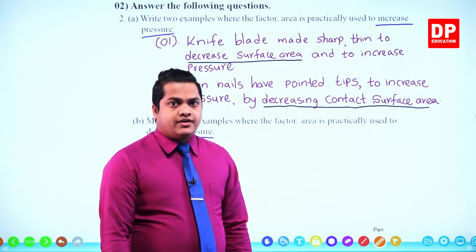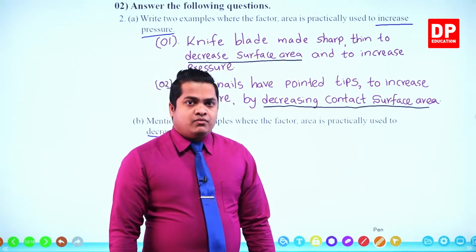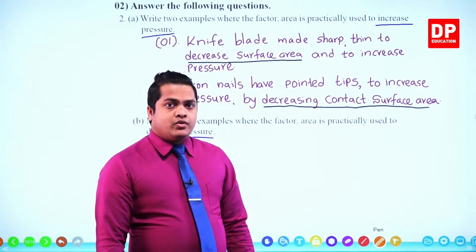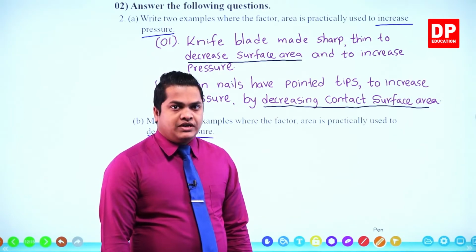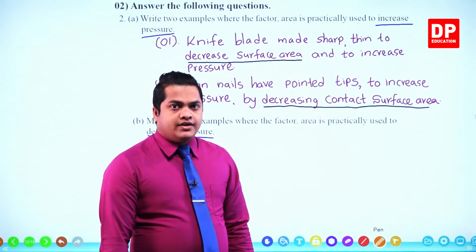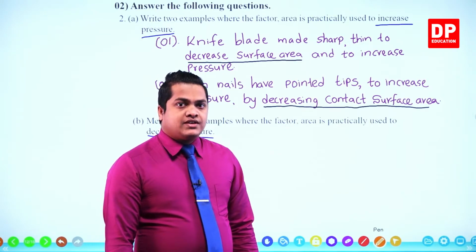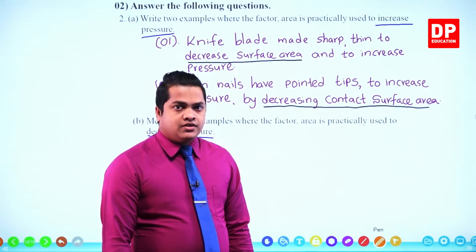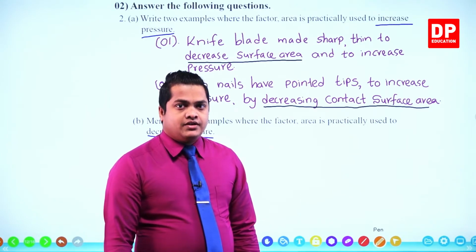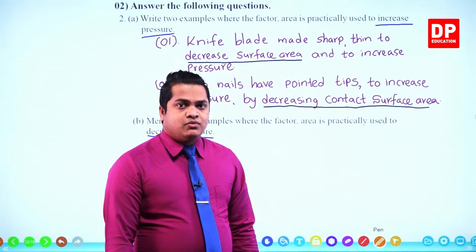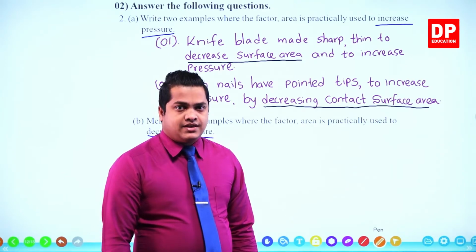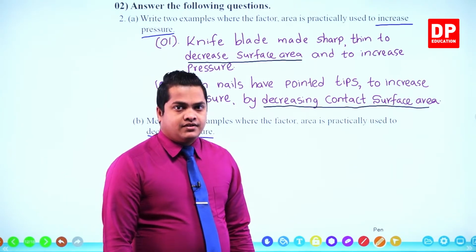Boots are made to have a greater surface area at the bottom. What is the reason for it? Because we wear boots in order to walk in mud usually, right? Muddy places. If you exert a greater pressure, then you will sink in the mud. To avoid that, boots have a greater surface area.